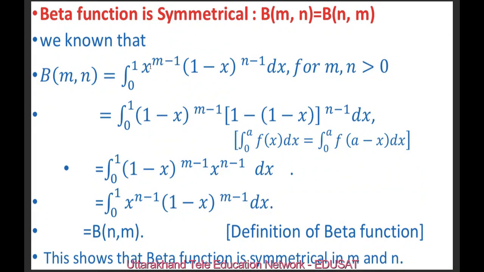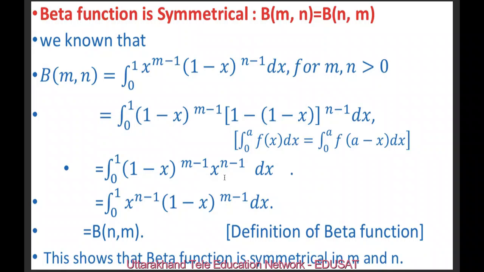If we replace x by 1 minus x, we get 1 minus x raised to power m minus 1, 1 minus x raised to power n minus 1 dx. So in the second term, if we open the brackets, this is 1 minus 1 plus x. 1 and minus 1 will cancel and we will be left with x only. So it is 1 minus x raised to power m minus 1 and here x raised to power n minus 1 dx.